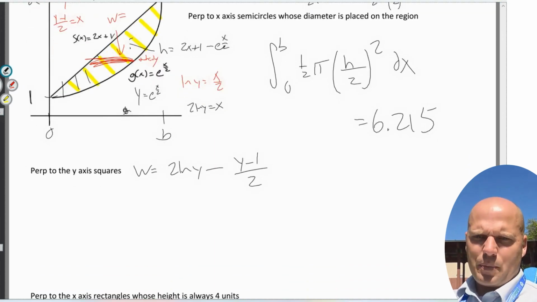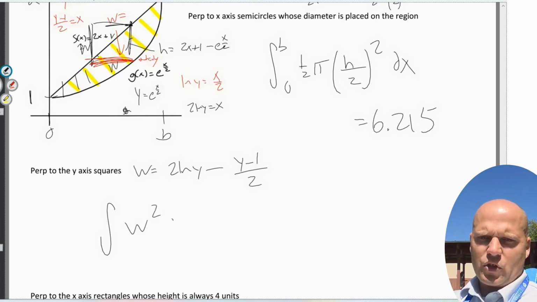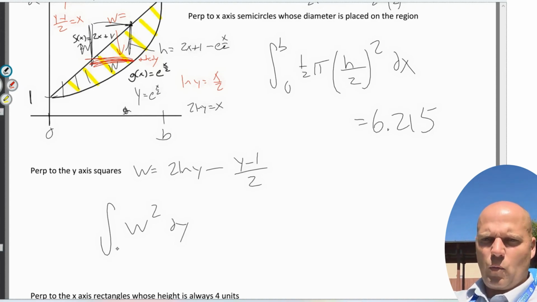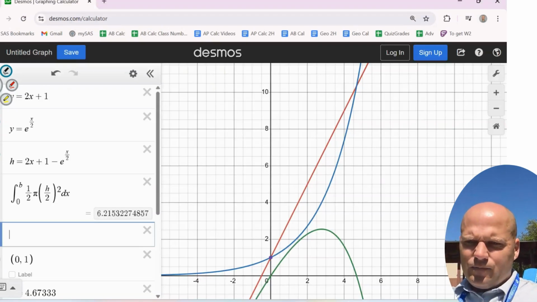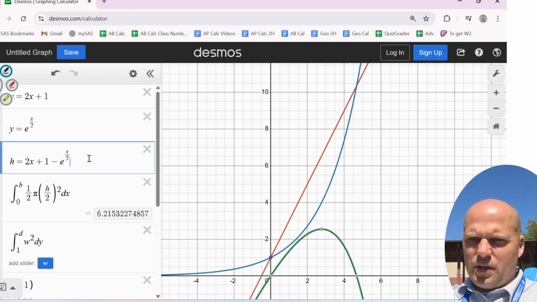I need to sum up my widths squared. If this is my width, this is my width. My width squared times dy, its skinny height for 3 dimensions. I'm going to go from 1 to d. Write down what w is.